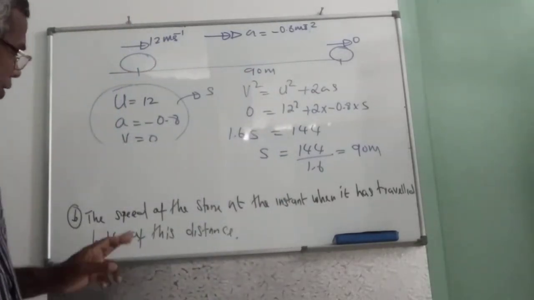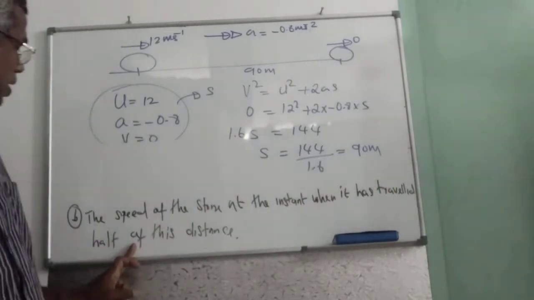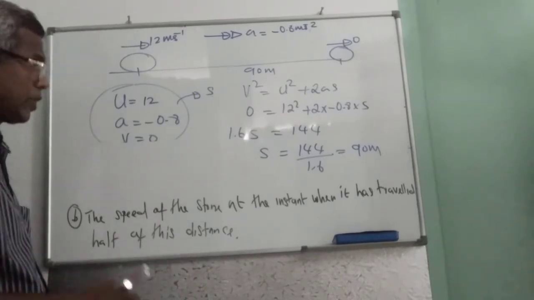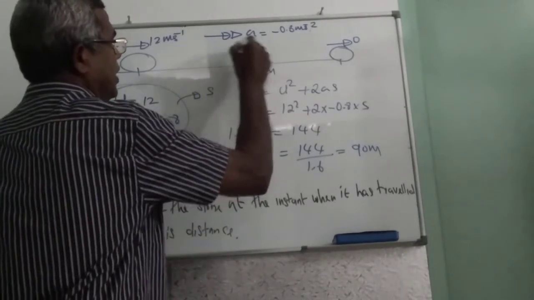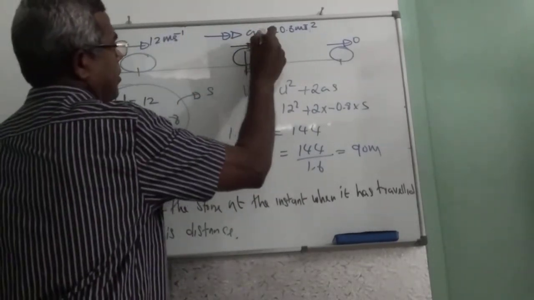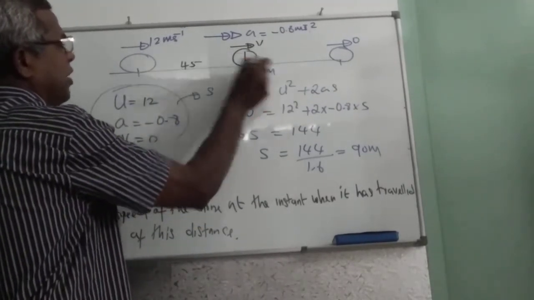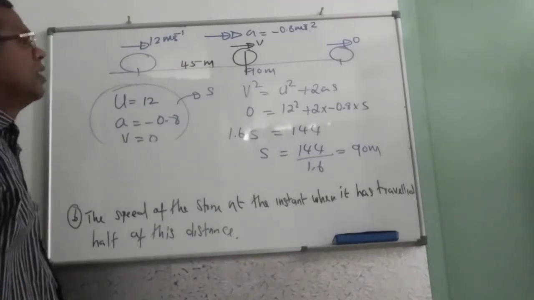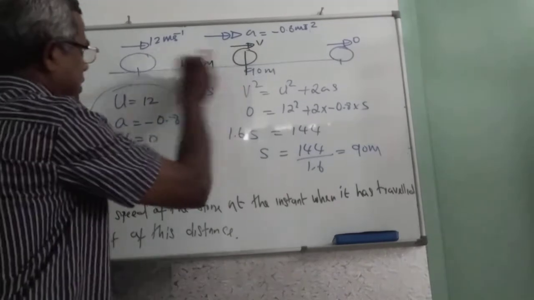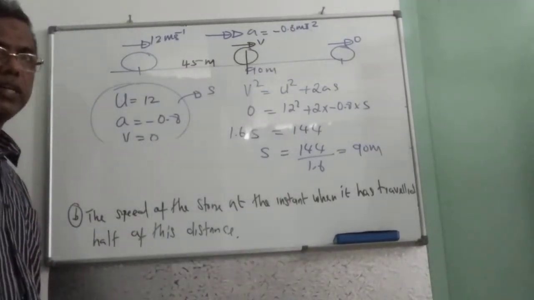Now for the second question: the speed of the stone at the instant when it has traveled half of the distance. The speed at the midpoint is v, and half of the distance is 90 divided by 2, which is 45 meters. The acceleration is the same throughout the motion, minus 0.8.